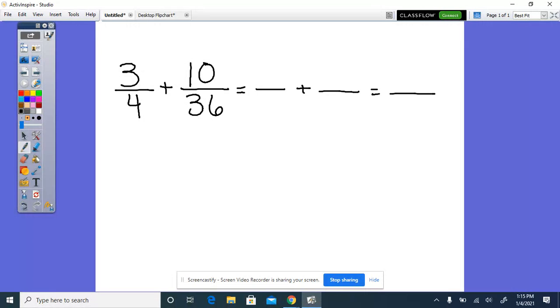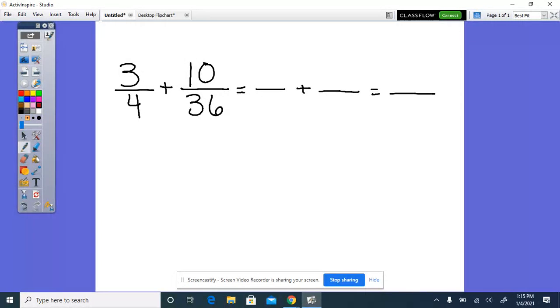Okay, so once again, uncommon denominators, we need to make those denominators the same. So we are looking for what's called the LCM, least common multiple, the smallest thing that both 4 and 36 can go into. Okay, so can 4 go into 36?